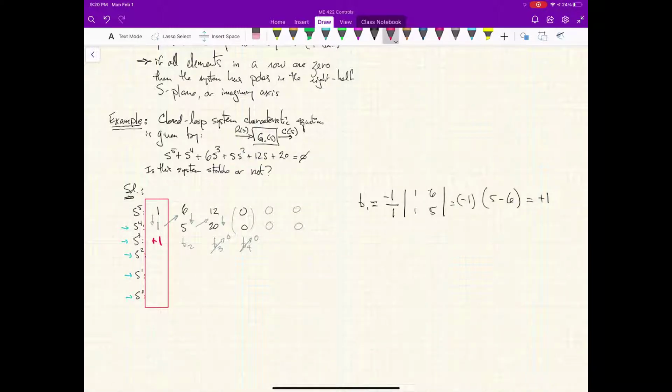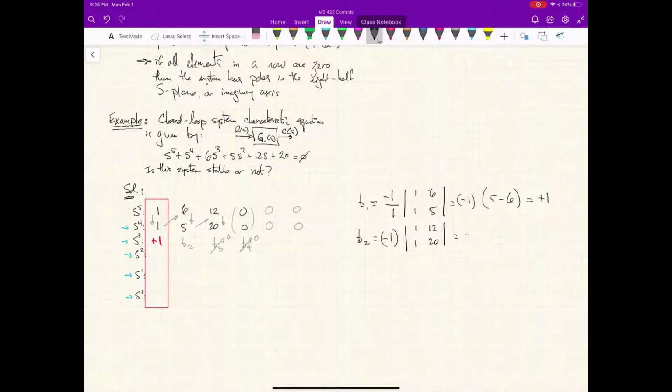Okay, let's do B2. B2 is equal to minus 1 times the term in the first column immediately above it, which is again 1. That's not going to change as we move along, as we said, times the determinant of the first column above it, which is 1, 1, and the column immediately to the right of it, which is 12 and 20.